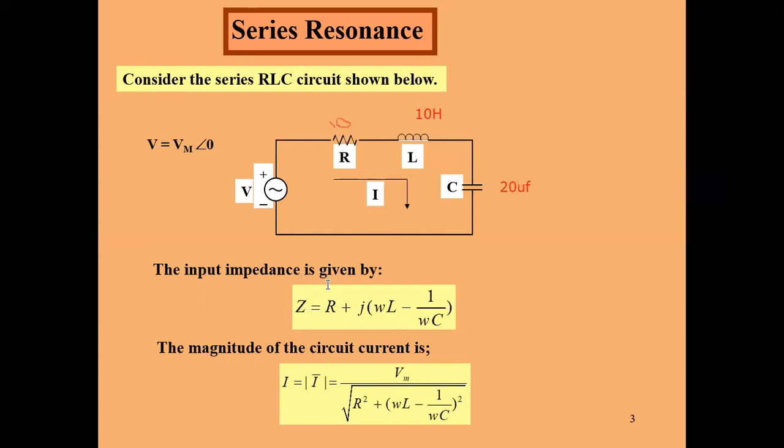R, that is 10, plus J into brackets 10 plus 20 into 10 raised to the power minus 6.